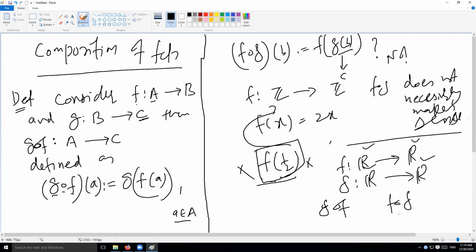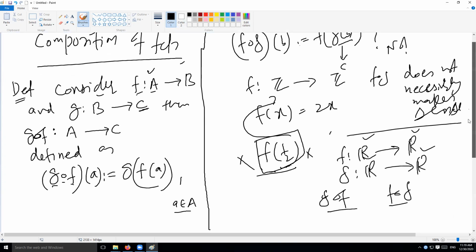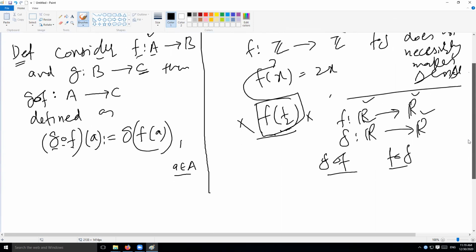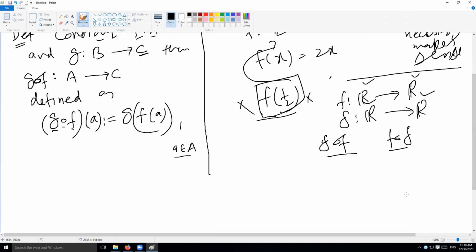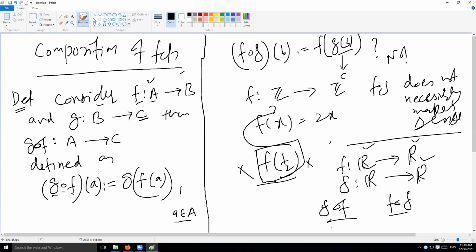But if the functions are defined on different sets, then you can't just always take g composition f or f composition g. You have to really see very well that this expression makes sense.